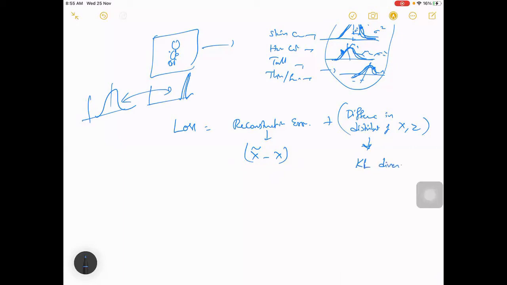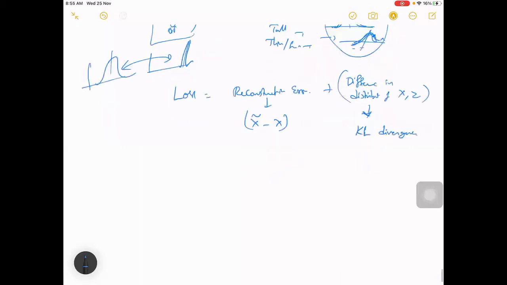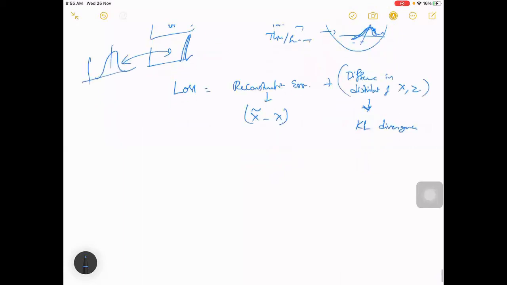We'll go into KL divergence in detail in a different session. But what this KL divergence gives us is a kind of measure between two different distributions.